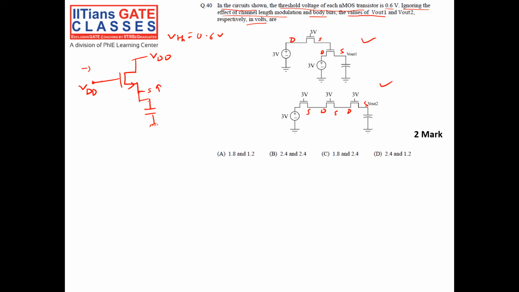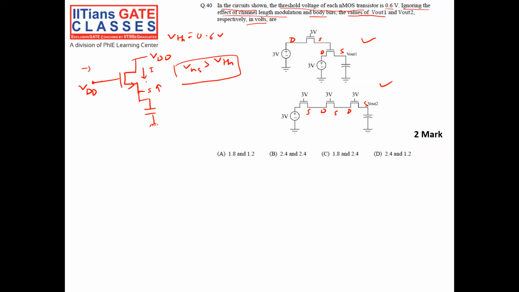Initially there is no current. When I apply VDD, what will happen? There will be some current flow, right? Because when VGS is greater than VTH, my transistor will be on.